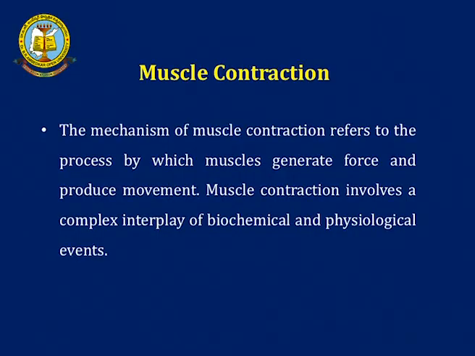The mechanism of muscle contraction refers to the process by which the muscles generate force and produce movement. Muscle contraction involves a complex interplay of biochemical and physiological events. Without these events, muscle contraction cannot occur. The process involves the following steps.